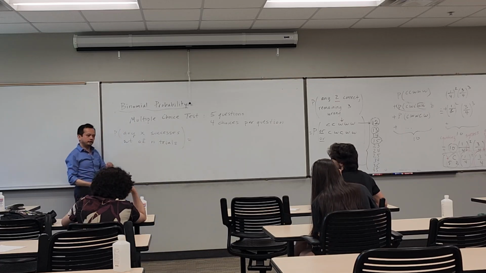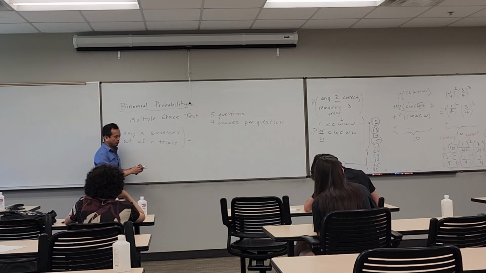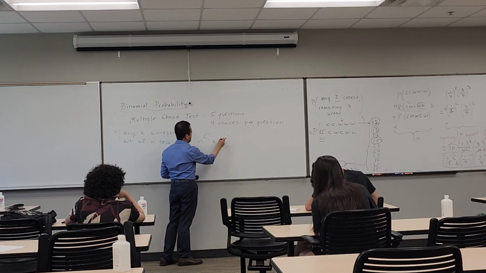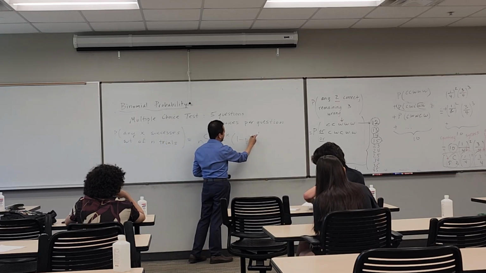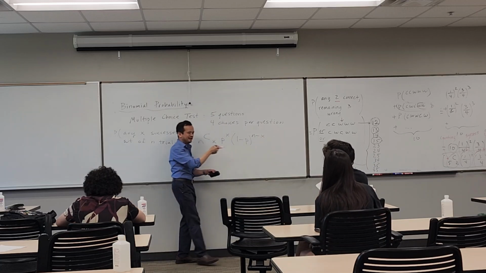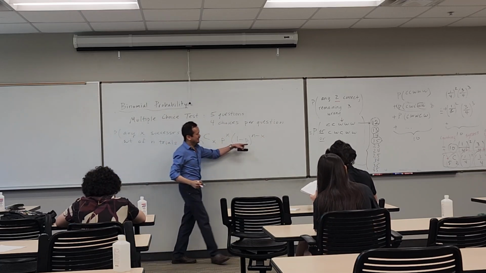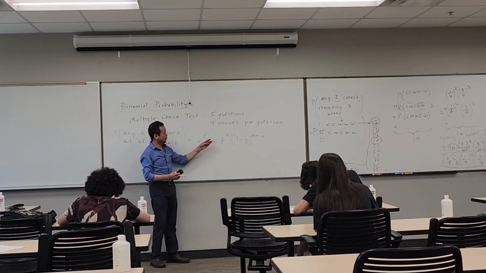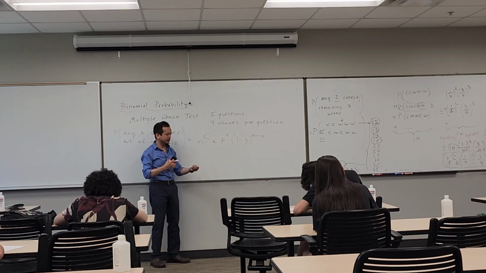It turns out that if you're trying to find a probability with this structure, then there's a formula you can use, and the formula ends up being n choose x times p to the x times 1 minus p to the n minus x. The first time you see this formula, it'll be hideous, but if you relate it to the example we just did, you can really build this formula up piece by piece, and it's really no big deal.